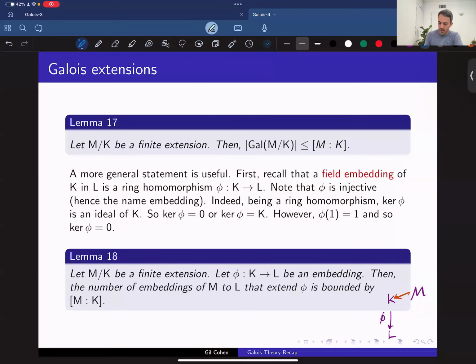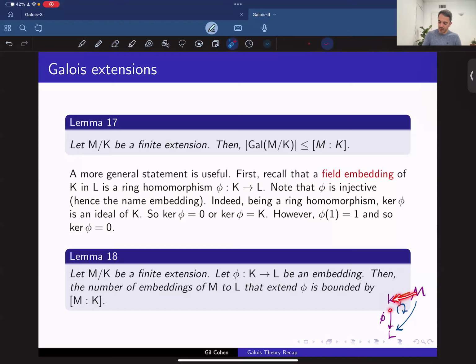Then you can ask, how many ways are there, or how many embeddings are there of M to L that extends phi? In other words, for which this diagram commutes.